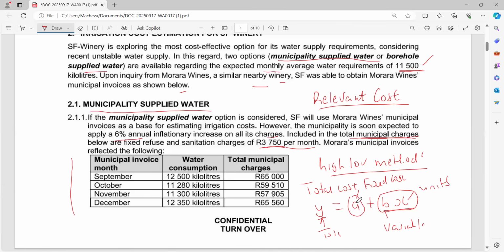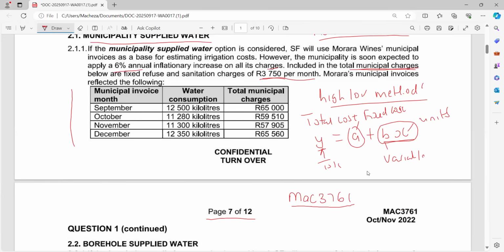But in some of the textbooks, the equation will not be y is equal to a plus bx. It will be y is equal to mx plus c. That's in other textbooks, which means this one is now going to be your variable cost, this one is going to be your fixed cost, and this one is going to be your total cost.